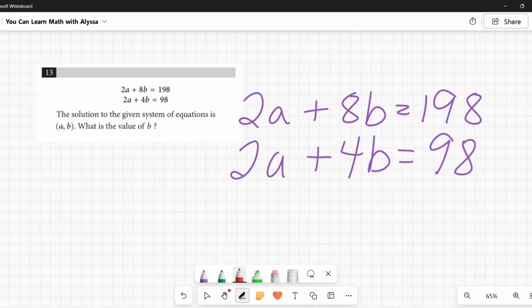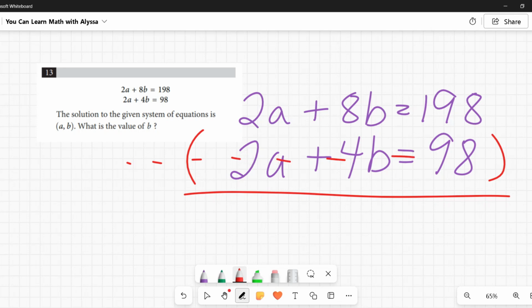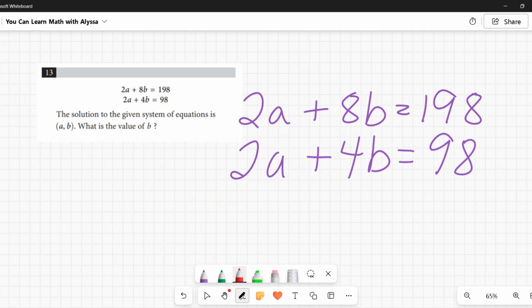One of them needs to be negative, right? So 2a and negative 2a would cancel out when I add those together. I don't have to go through multiplying this by a variable or by a constant and changing everything. I can just multiply everything on the bottom by a negative. Things will cancel out. It'll be great.